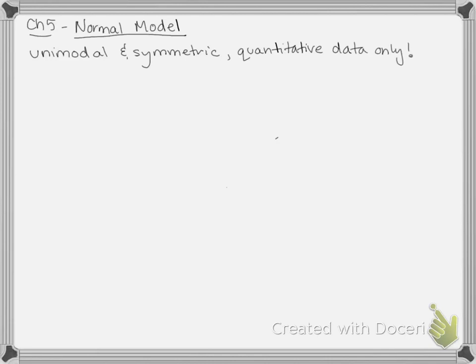All right, so the normal model literally is representing this unimodal and symmetric picture that we try to draw and make look perfect every time, but we're not all capable of doing that. I try to make it unimodal and symmetric as best that I can.